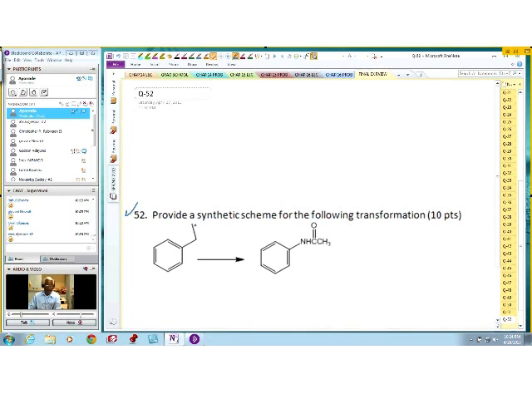We're going from an ethylbenzene, and we want to form this amide, a secondary amide. This is actually an amide of acetic acid. So what do we need to do here? Somehow, we need to remove the carbon-carbon bond to the benzene ring and replace it with a carbon-nitrogen bond.